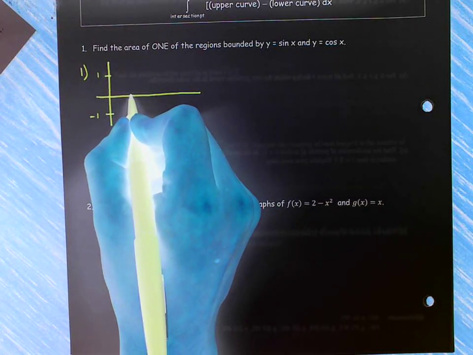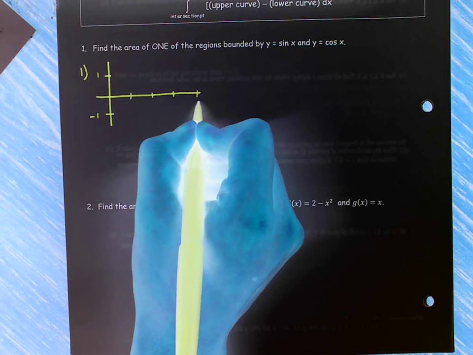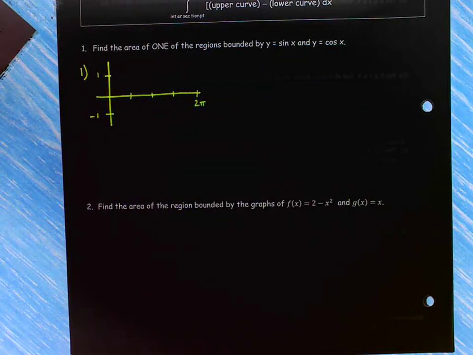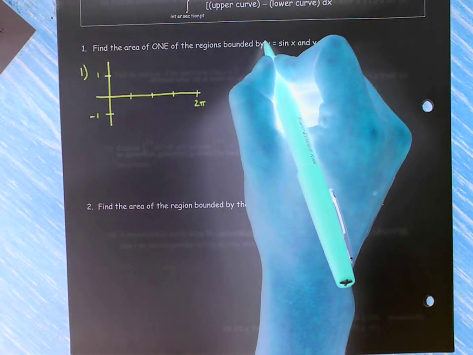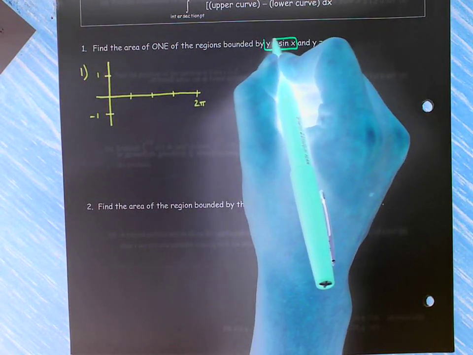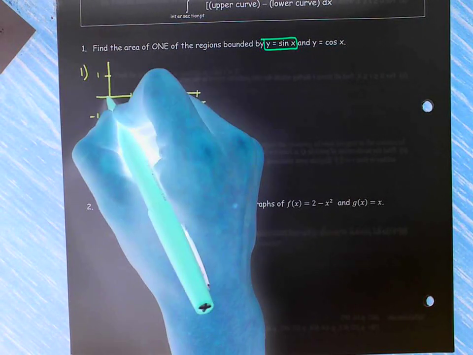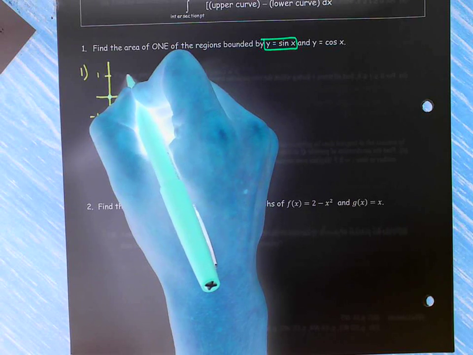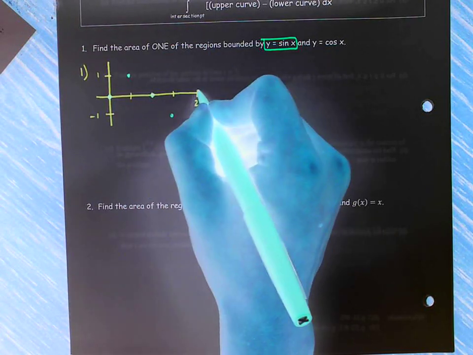I have these key points of pi over 2, pi, 3 pi over 2, and 2 pi when I graph sine and cosine. So I'll graph in 2 different colors here. I'll use what I did before. I'm going to do sine of x in this color here. If I graph sine of x, I know that sine of x starts at 0, 0, and goes top, middle, bottom, middle.